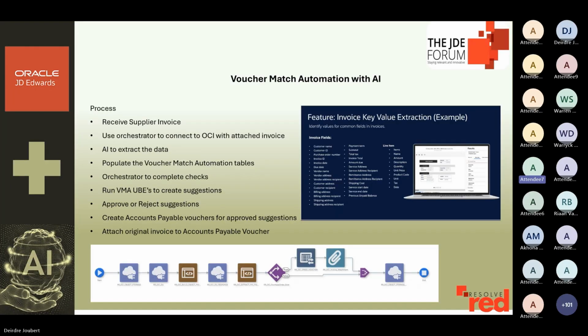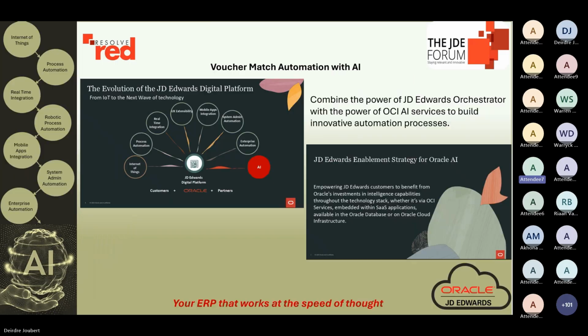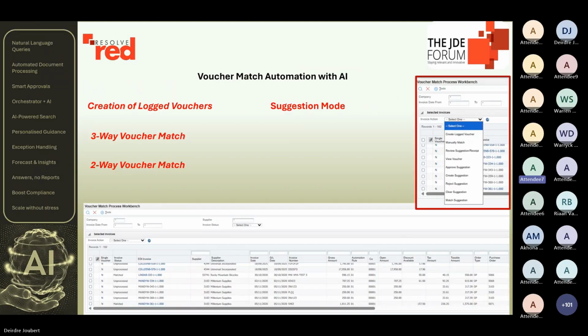Yeah, exactly that screen. Go one forward. This one. The functionality that you've explained and showed here, is that Resolve developed, or is that part of the voucher match automation facility provided by JD Edwards going forward?